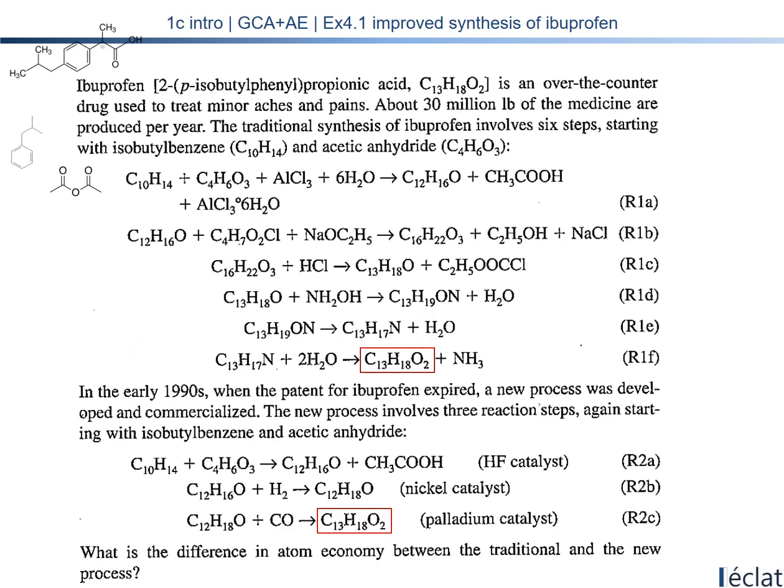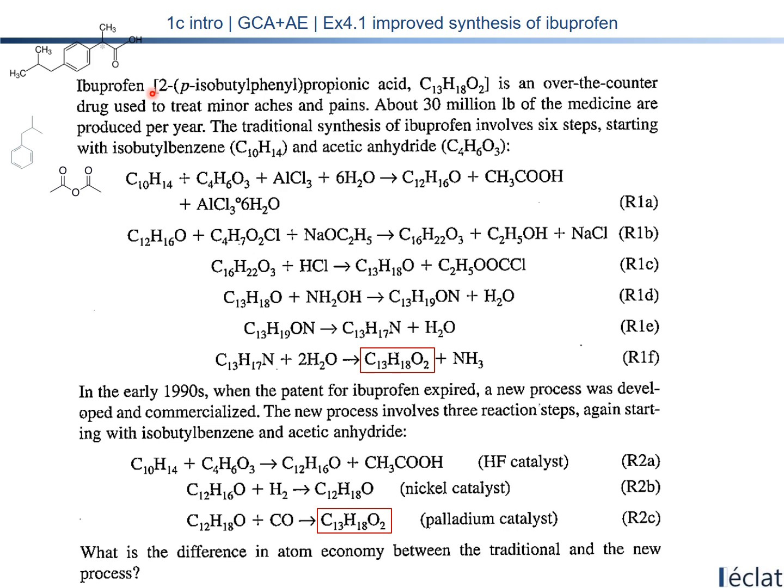Here is an example about the process analysis and calculating a measure of whether the process is effective or not. Example 4.1 is about the improved synthesis of ibuprofen. As you know, ibuprofen is a painkiller.